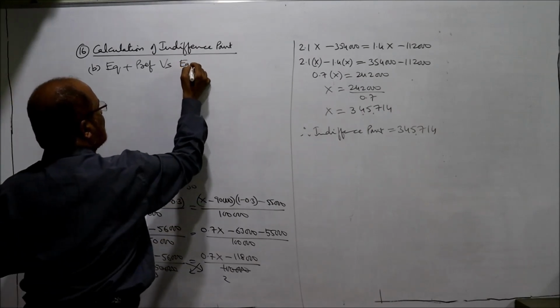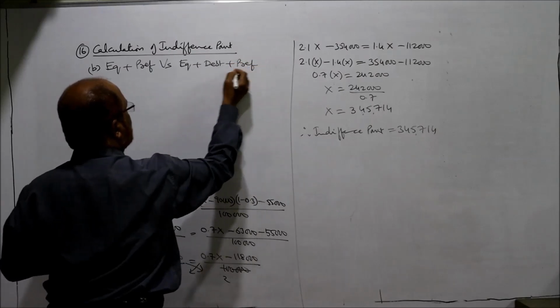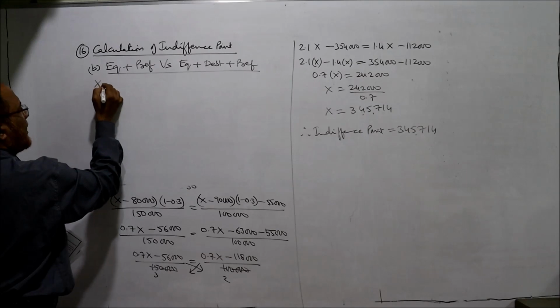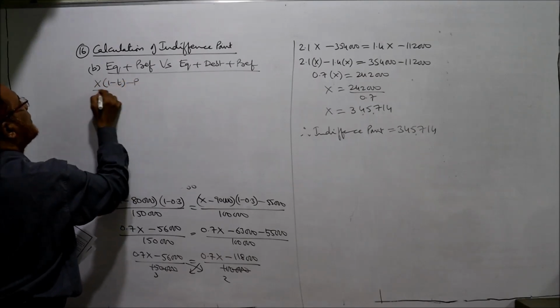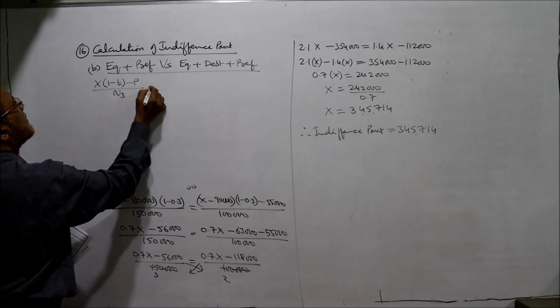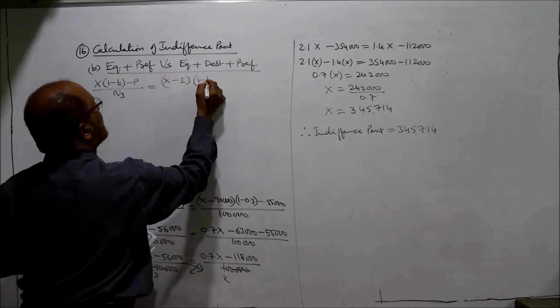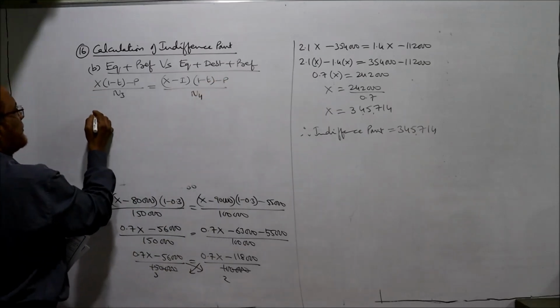So equity plus debt plus preference. तो पहले equity plus preference, तो x into 1 minus t minus p divided by n3, equals X minus I into 1 minus t minus p divided by n4.